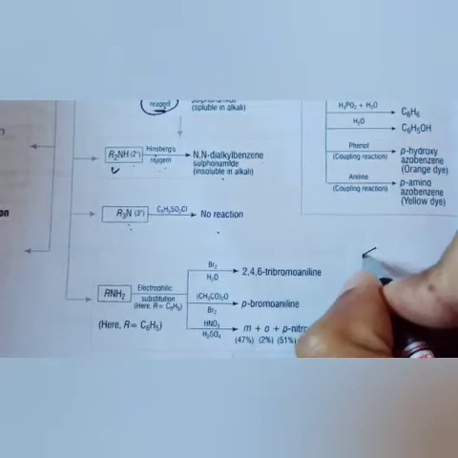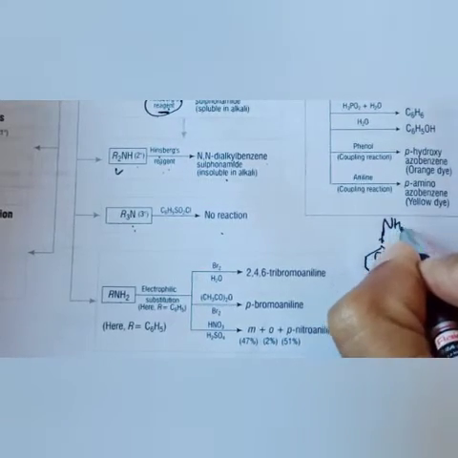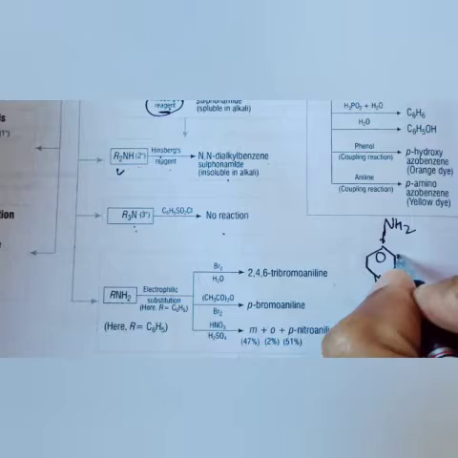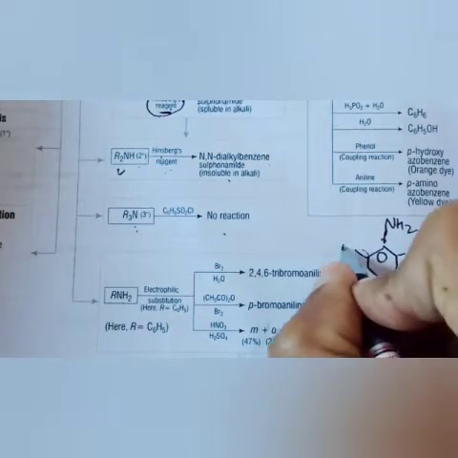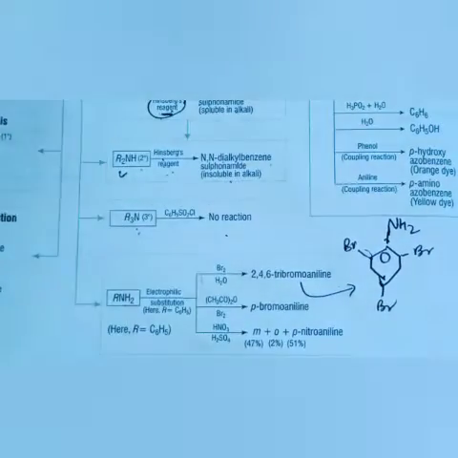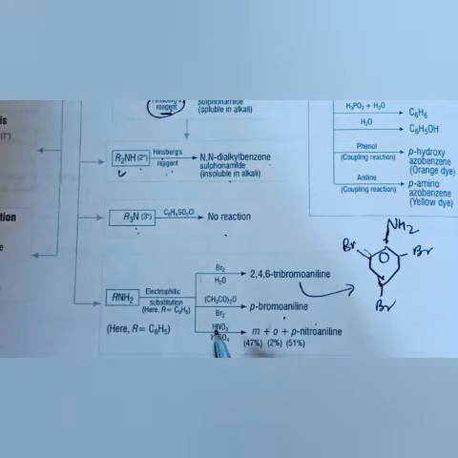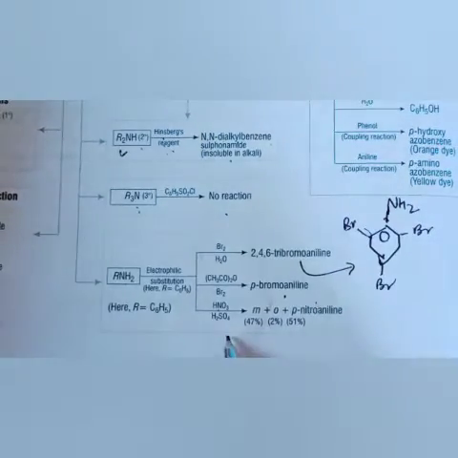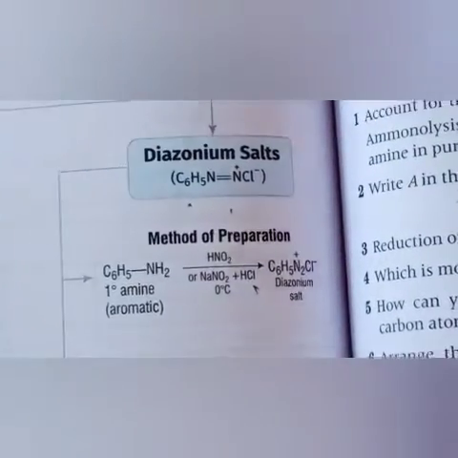This is aniline, and this is 2,4,6-tribromoaniline. Or para-bromoaniline. Or if nitric acid is there, then meta, ortho, para nitroaniline, in which meta will be 47%, ortho 2% and para 50%.